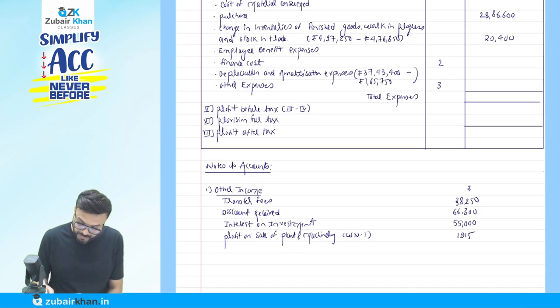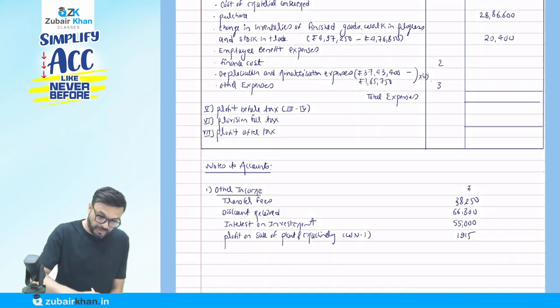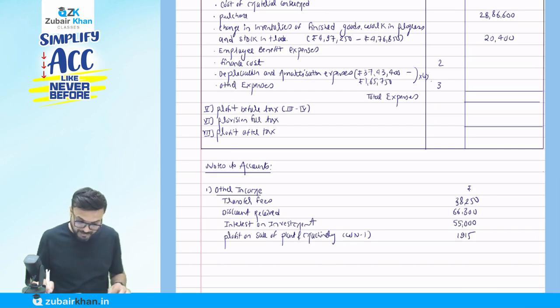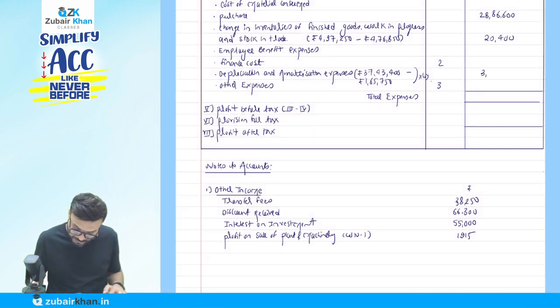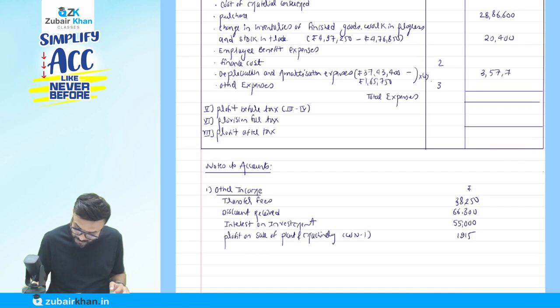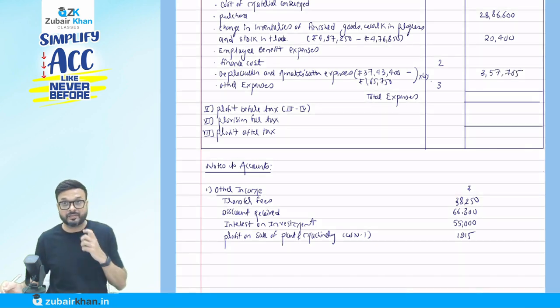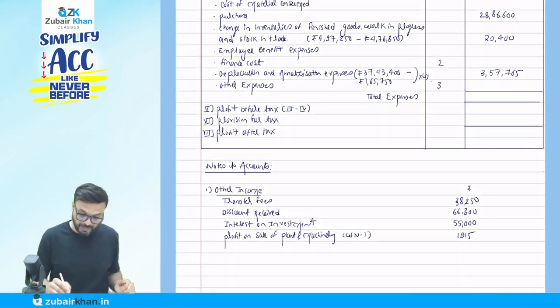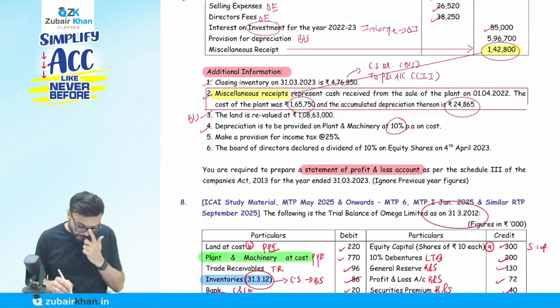On the remaining, we are going to charge 10%. So 37 lakh 43,400 minus the cost of the asset sold, 165,750, multiplied by 10%. That is coming to 3,57,765. Done.